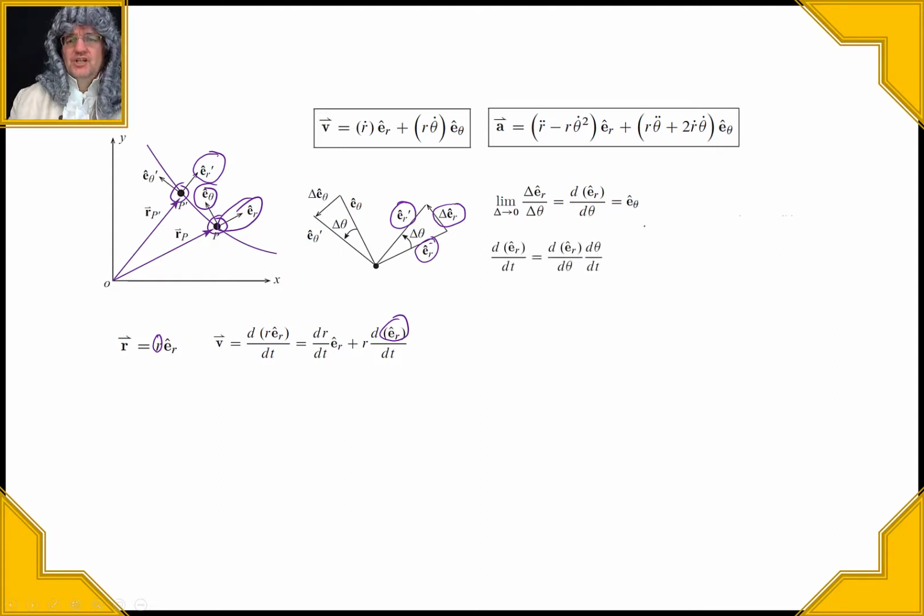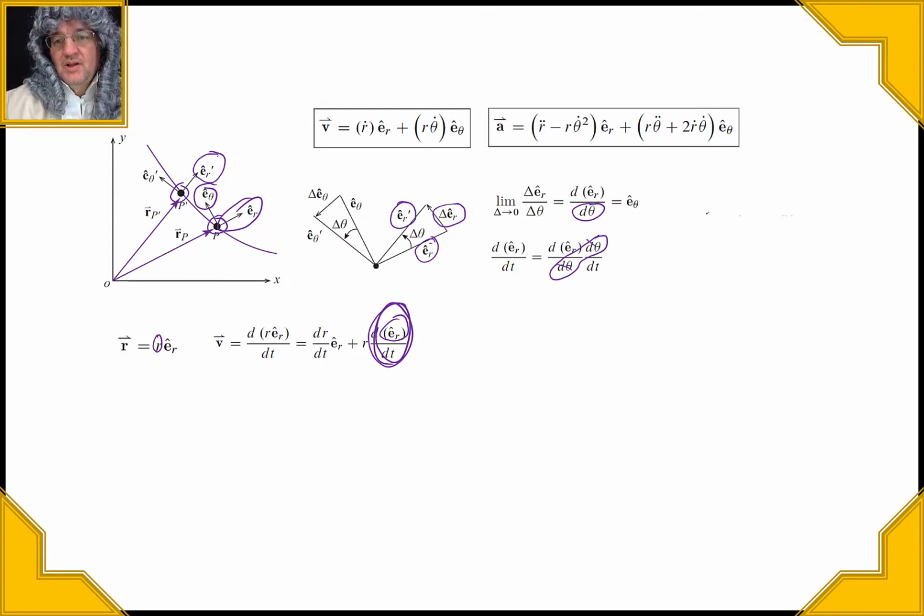And now we can use the chain rule. This is with respect to theta, but we want to do it with respect to time. That's the thing we want to turn this into. We can use the chain rule, and these two right here will cancel out if we multiply those.